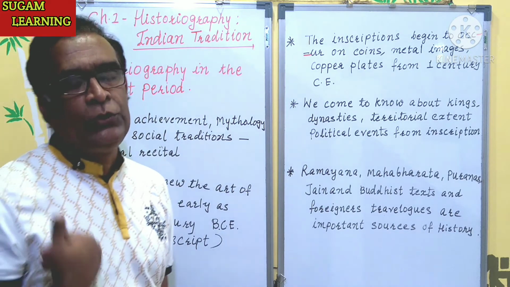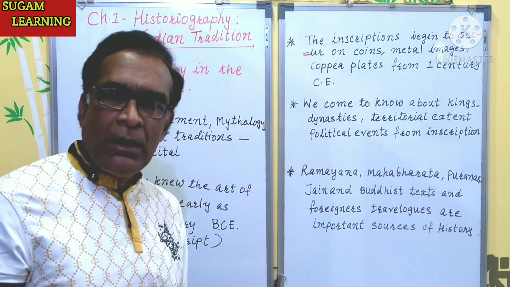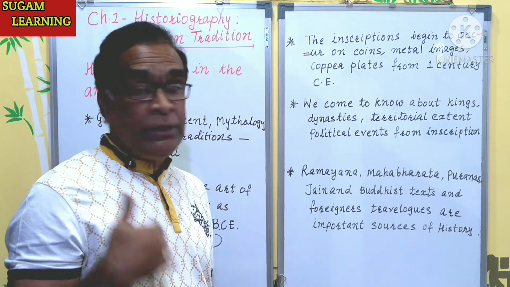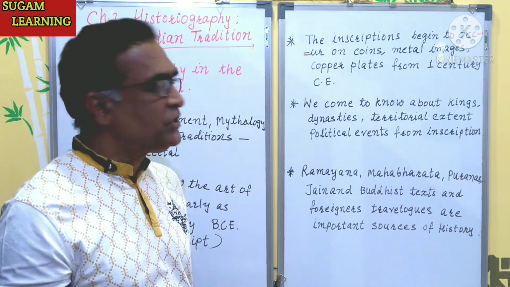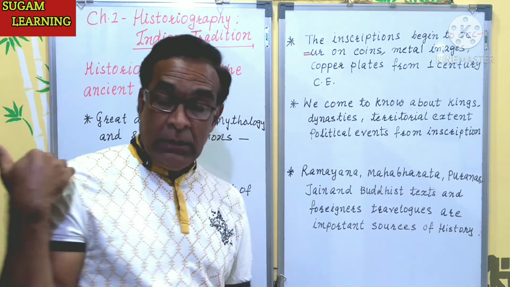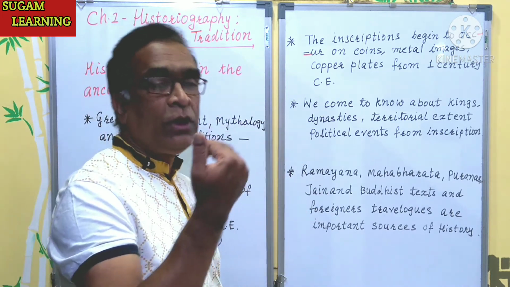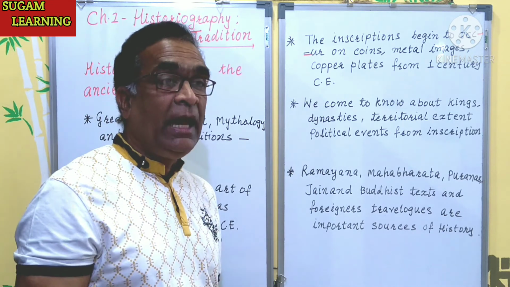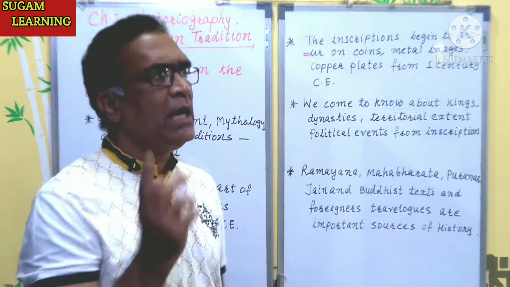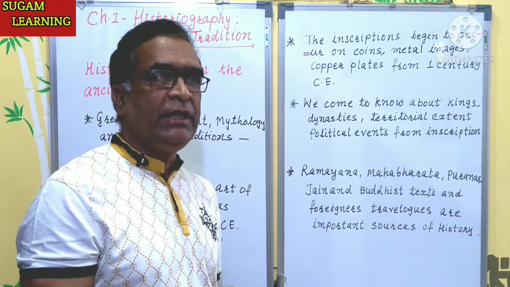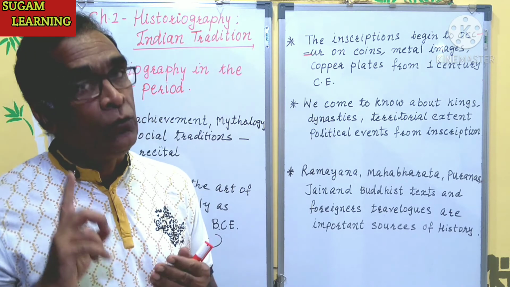So, later than the 1st century, what is to be understood is that these two epics, Ramayana and Mahabharata, also the Puranas, in which we have a very huge collection of stories, also the Jain texts and the Buddhist texts, and especially in that era the foreign travelers from China and Central Asia who traveled India recorded very important happenings in the societies, our human lives, our festivals, our traditions and everything. So we get a good deal of information about our political, social and economic life of India through all these texts.